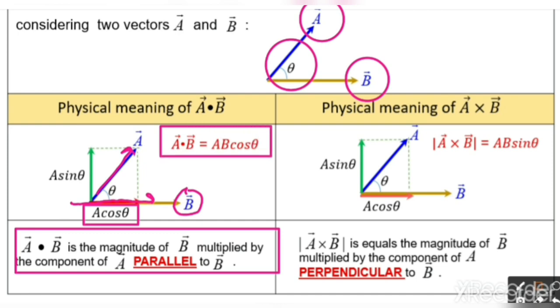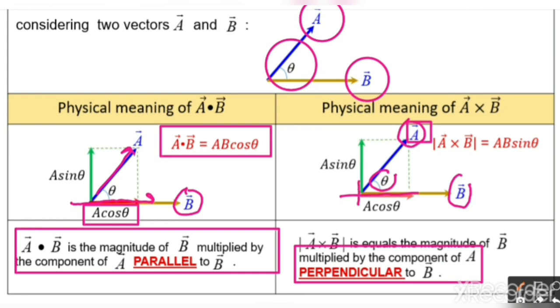For the physical meaning of A cross B, we have two vectors A and B, and this is the angle theta. The physical meaning is the magnitude of B multiplied by the component of A perpendicular to B. So this is vector A, and when it is perpendicular to B, it is actually A sin theta.